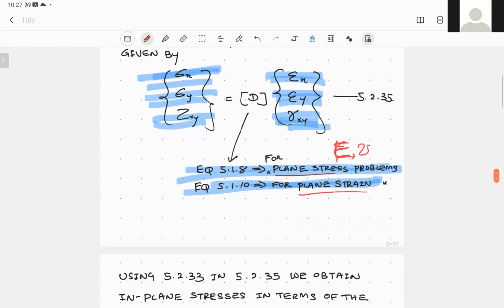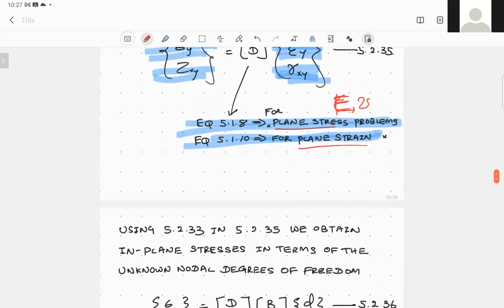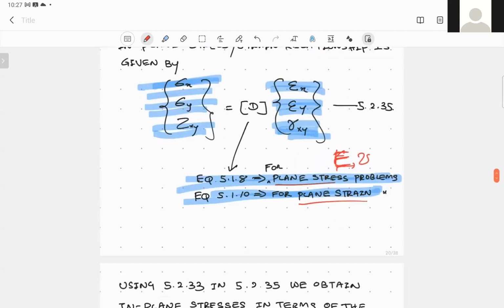Now it is simply, if you substitute the values which you have got, of course, the matrix sigma is equal to the D matrix times the epsilon matrix.